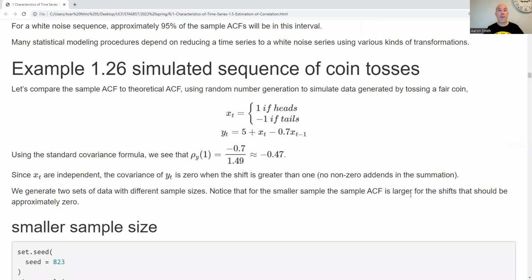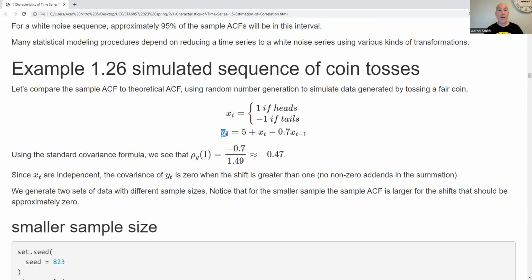All right, so now let's go ahead and look at an example where we're going to simulate a sequence of coin tosses. I'm going to flip a coin repeatedly. I'm going to put down a +1 for heads, a -1 for tails. That's going to be my X time series. Then I'm going to create another time series.